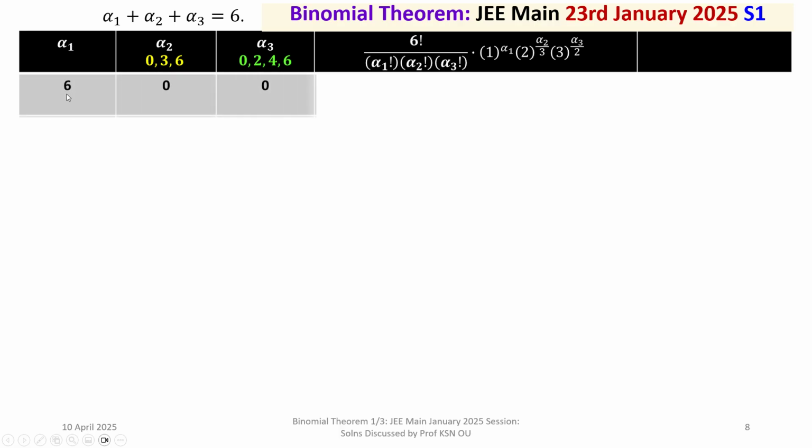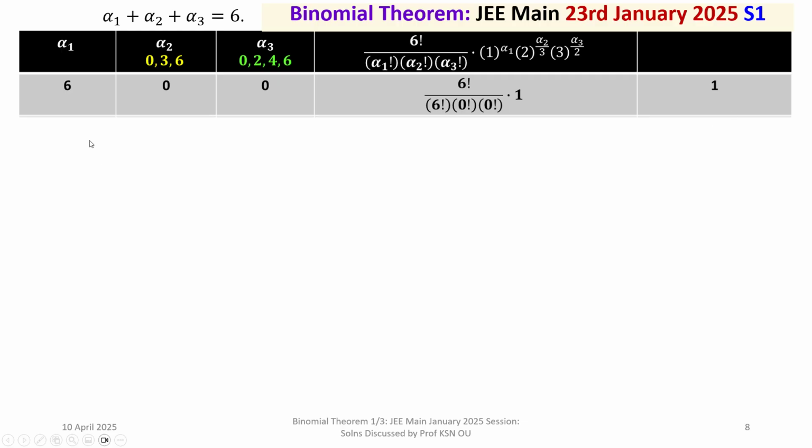If alpha 1 is 6, alpha 1 plus alpha 2 plus alpha 3 must be 6, then alpha 2, alpha 3 must be 0, 0. Substitute here: 6 factorial by 6 factorial, 0 factorial, 0 factorial, into 1 to the power of 6, 2 power 0, 3 power 0, that is 1. So, 6 factorial by 6 factorial is 1. So 1 is the answer.